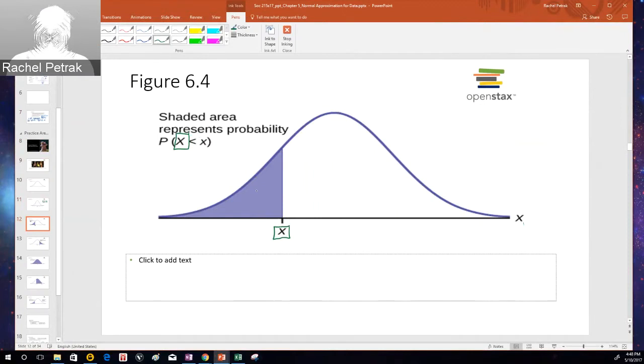And we can find the area of this portion of the distribution, as in this purple area, and that area represents the exact probability that a score falls at or below this point.